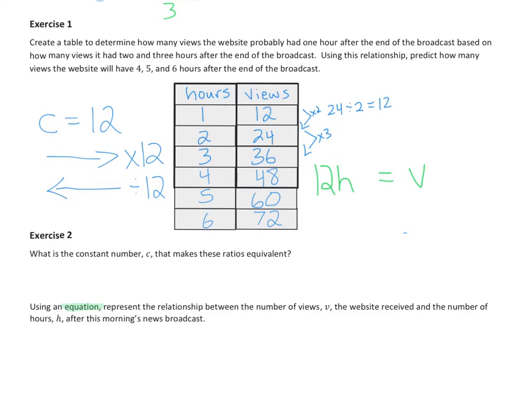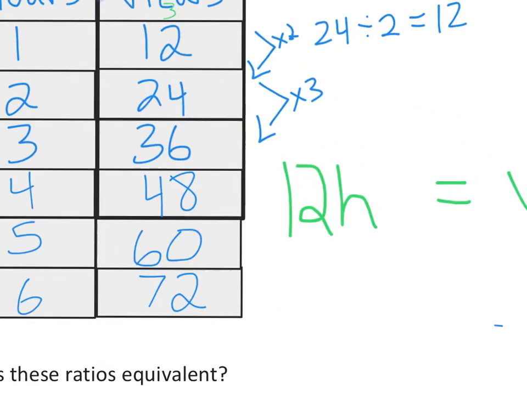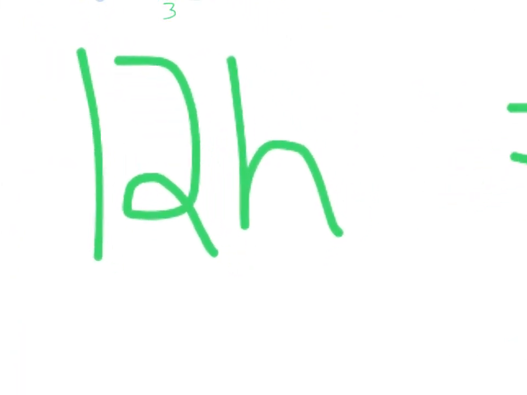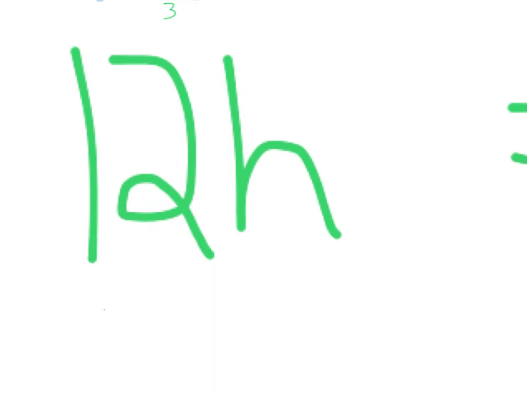If you zoom in on just 12H, it is the same as 12 times H. Whenever you have a number and a letter, the letter is a representative variable of a number, right? So H represents hours, however many hours there are.